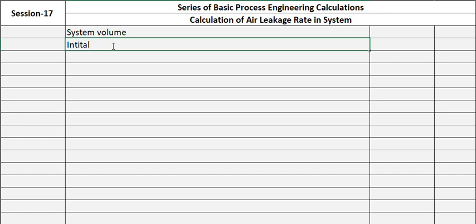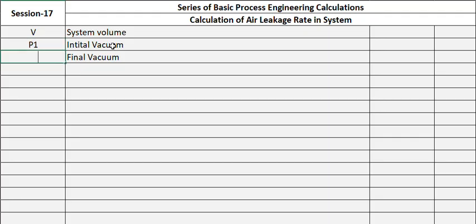So that system volume considers all the system which is connected to the vacuum system. Then we need the initial vacuum, and then the final vacuum, as we are checking for the leakage. I'll just mention the notations.